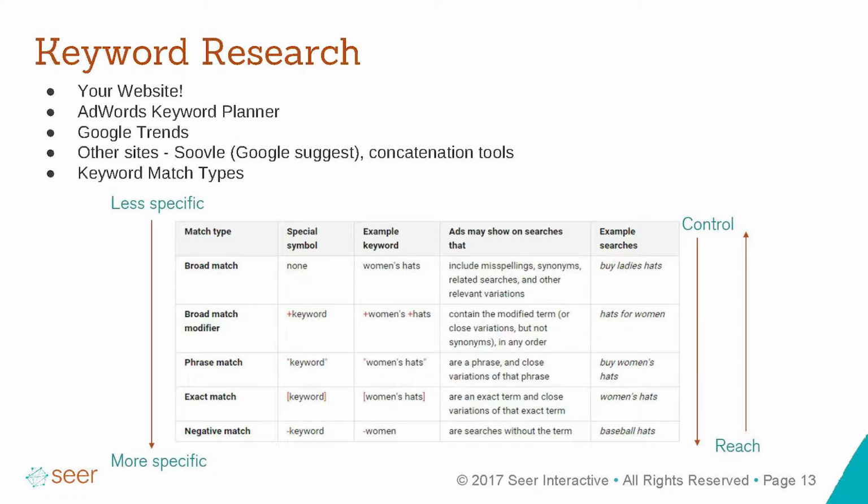Sometimes you can work with that by how you construct your actual website, what you make as a priority on your website so that it relates. Another reason you could have low quality scores is if you're driving to a page that isn't related.